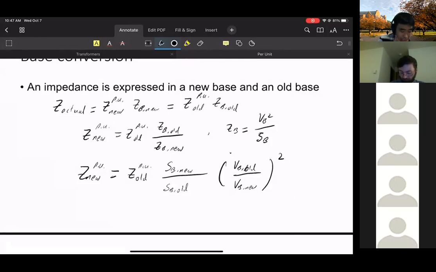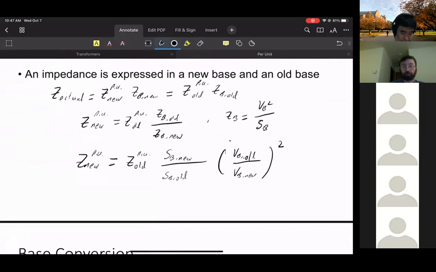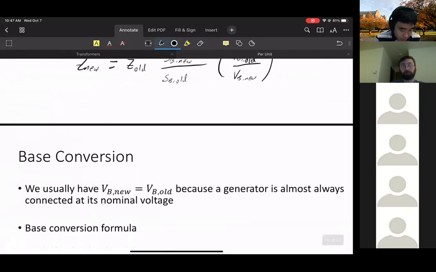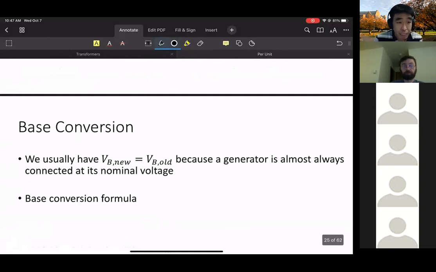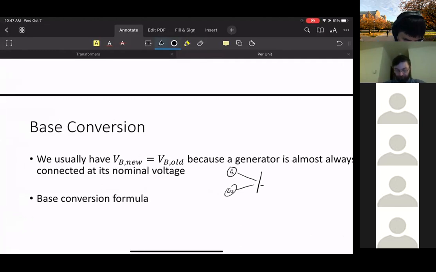And one nice thing that happens for us is that often the voltage will be the same value. Because if we have two generators, G1 and G2, connected to a terminal, they will almost always have the same base voltage.